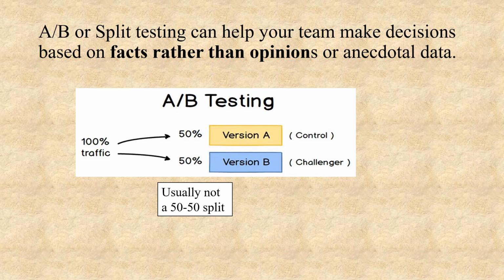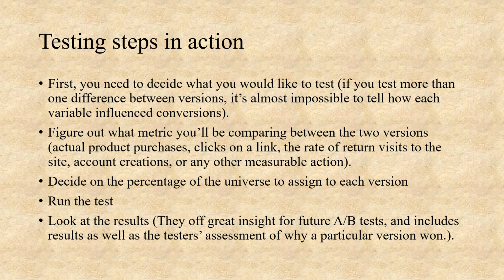So this is the basic principle then of A/B or split sample testing. It's called split samples because we split the samples into groups and then make different offers or give them different kinds of conditions, the control condition or a challenger condition. All right, testing steps in action. So casually what we mean here is that we need to decide what we'd like to test.